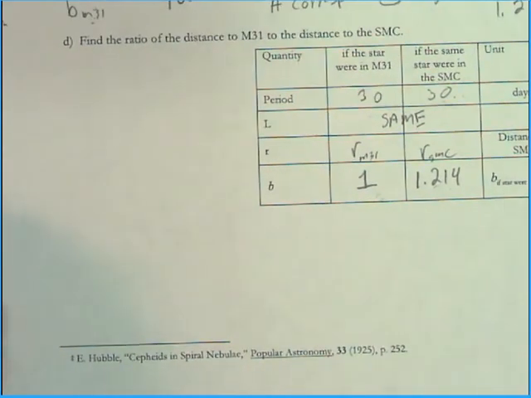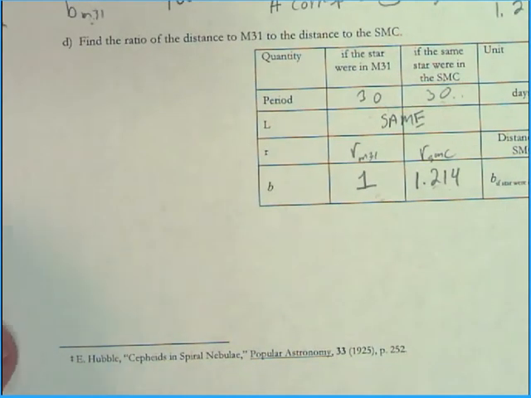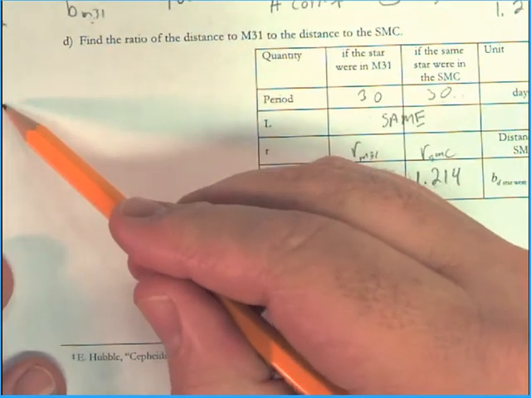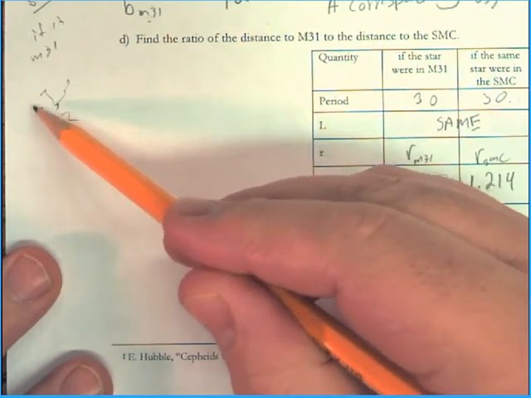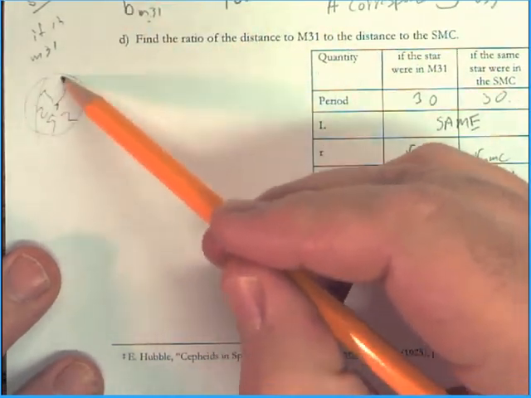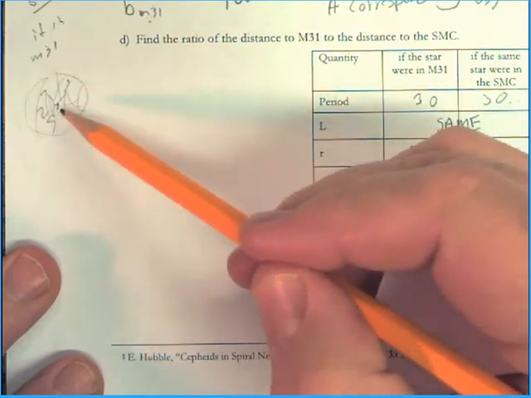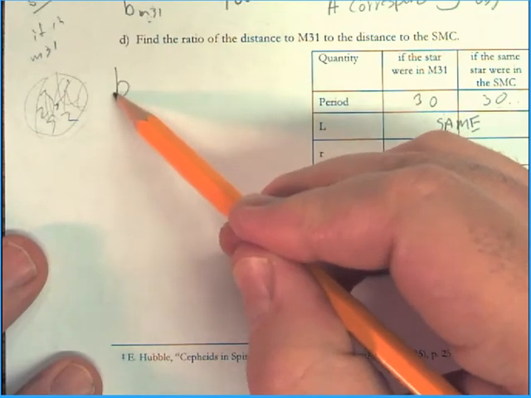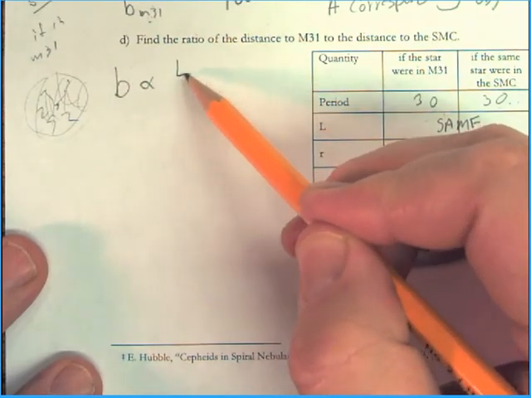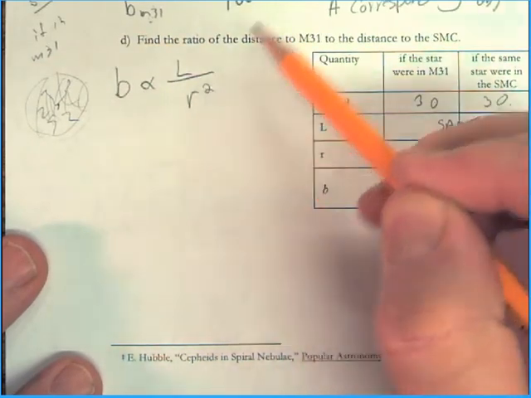Now, we will have to write down the inverse square law of light, just like we did before. Remember, if you have a light source, such as one of these stars, the light goes out every which way, and so it spreads out over a full sphere. So we know that the brightness is proportional to the luminosity over the distance squared.